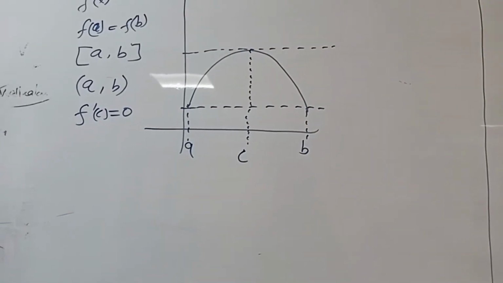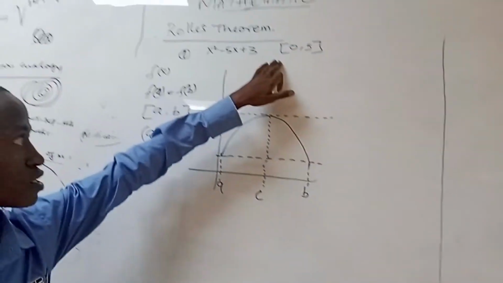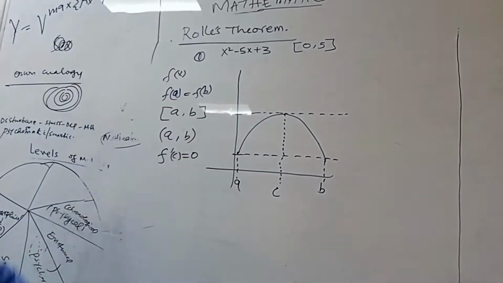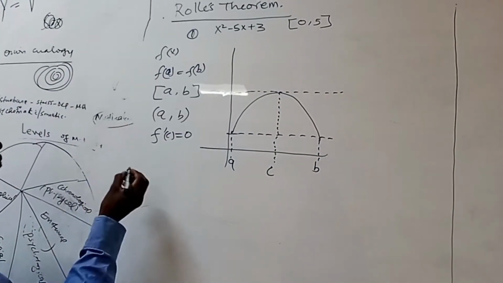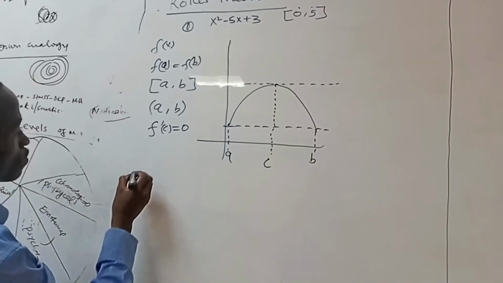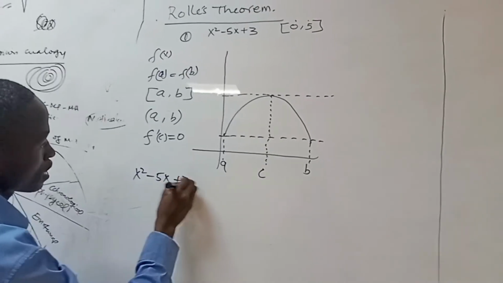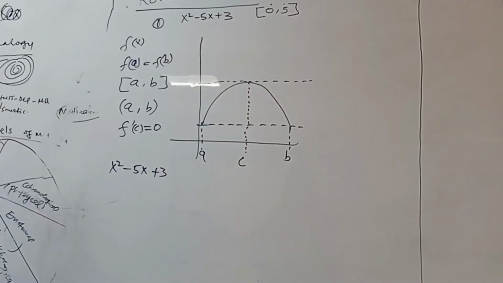So once again, let's first confirm whether f of A is equal to f of B. Let's replace. This is your A, this is your B. So if you take x squared minus 5x plus 3, let's replace with 0.